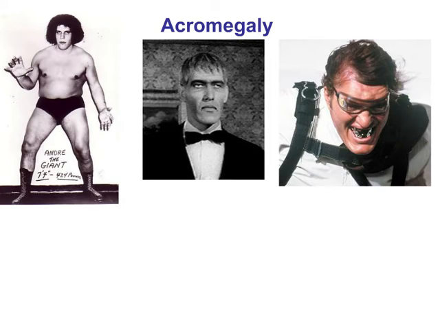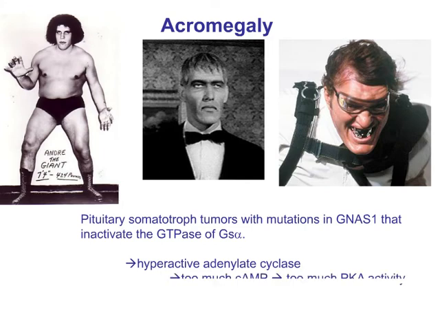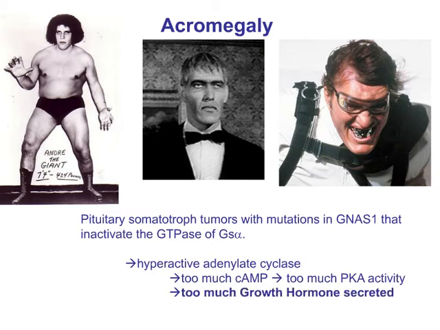Spontaneous mutations in the GNAS1 gene affecting the GTPase activity of the alpha S subunit can occur in pituitary somatotroph tumors. The result is hyperactive adenylate cyclase activity, which produces excess cyclic AMP and thus excess protein kinase A activity. These cells thus continually secrete growth hormone.